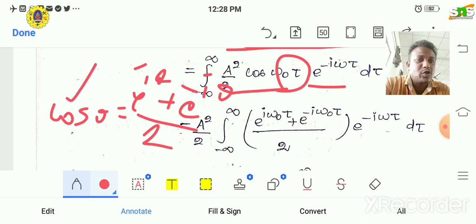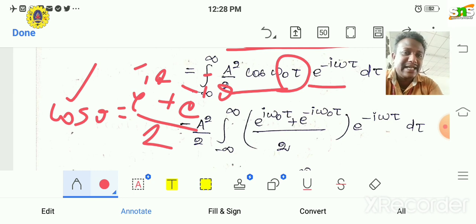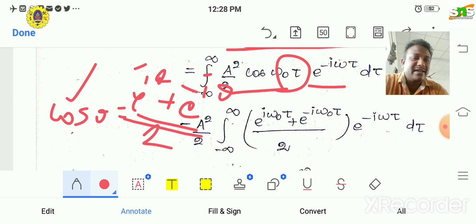Here theta is going to be omega naught tau, so wherever we have theta in this formula, we replace theta by omega naught tau. So for cos omega naught tau, the formula is e power j omega naught tau plus e power minus j omega naught tau divided by 2, into the remaining e power minus j omega tau into d tau.